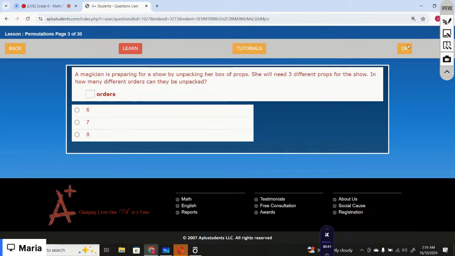So, 3 factorial equals 6. So, option number 1 is the correct option. That is 6.